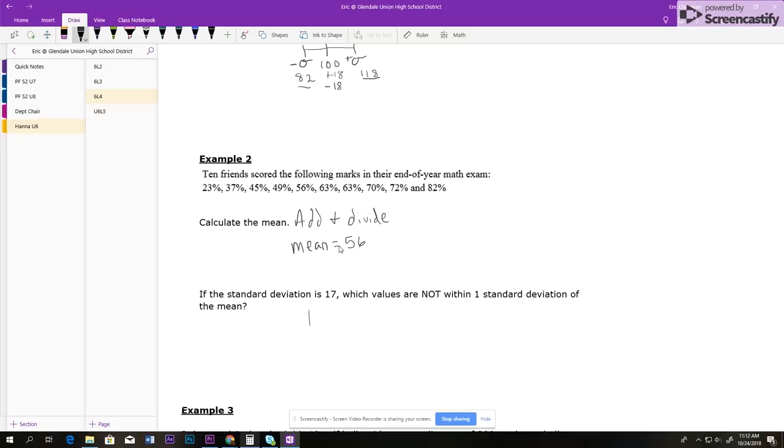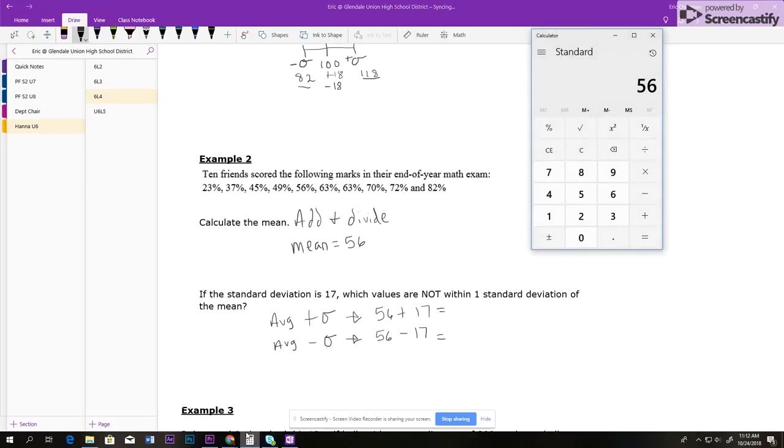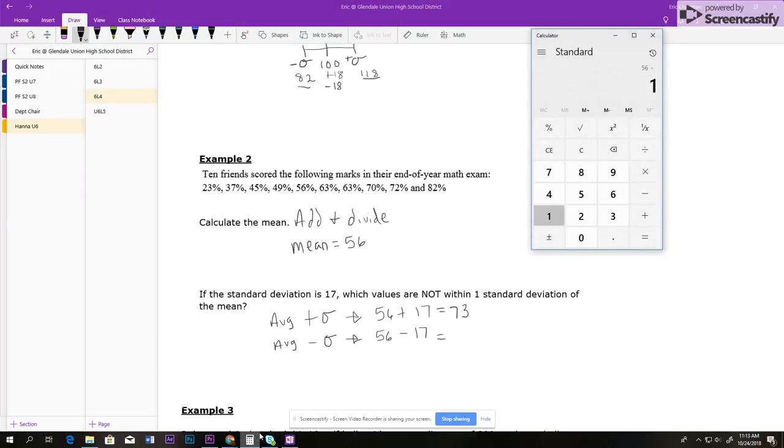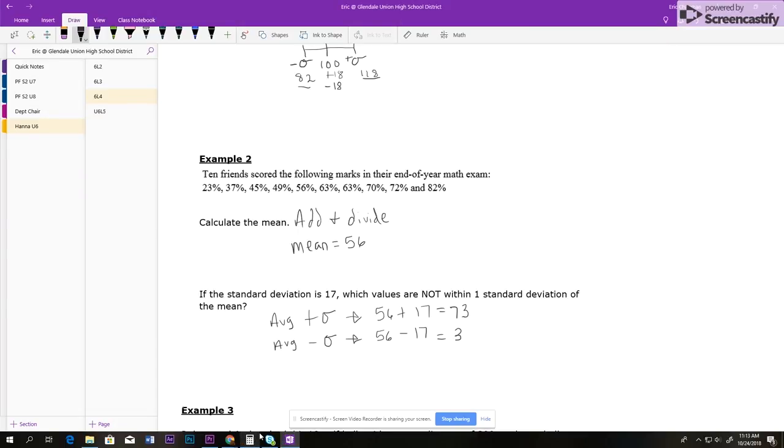Okay, so we're going to do plus a standard deviation and minus a standard deviation. We're going to take the mean, or the average, in both cases, and add the standard deviation and subtract. So that becomes 56 plus 17 and 56 minus 17. 56 plus 17, we get 73. And then 56 minus 17, we get 39.